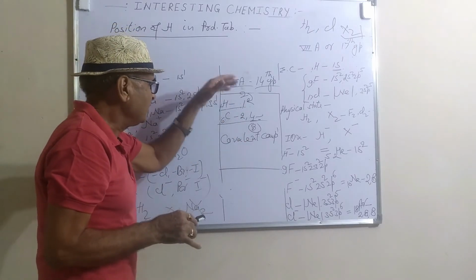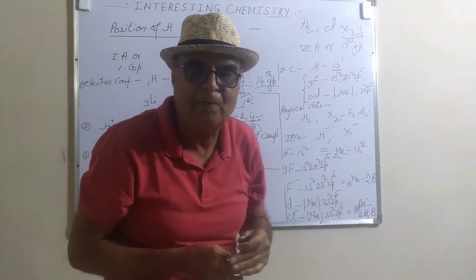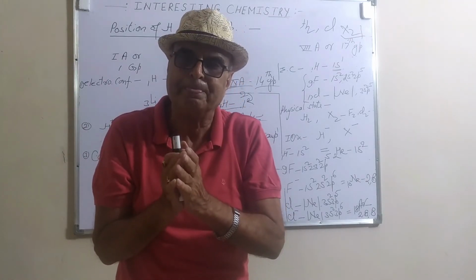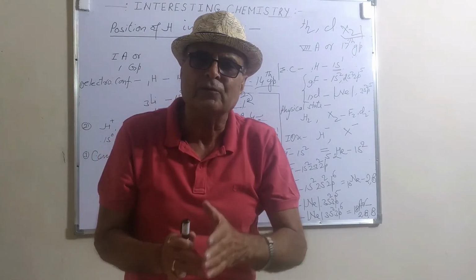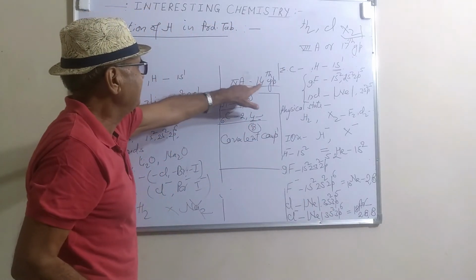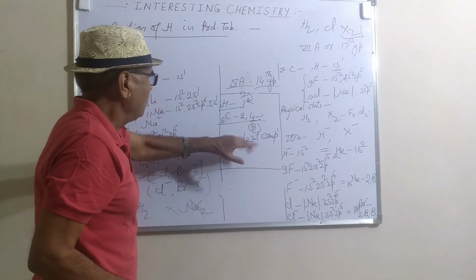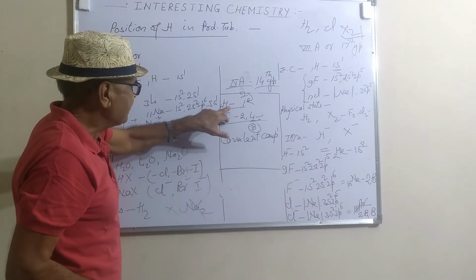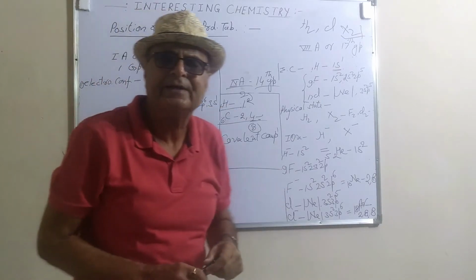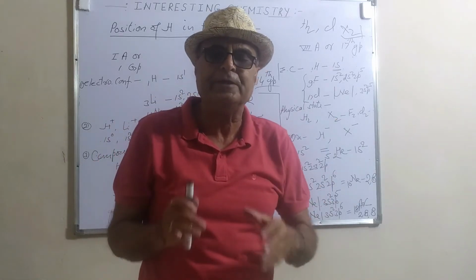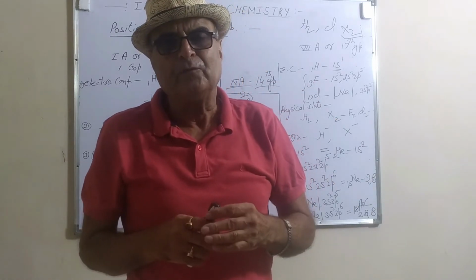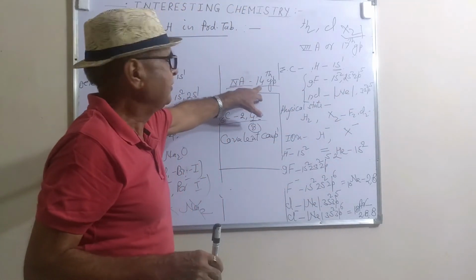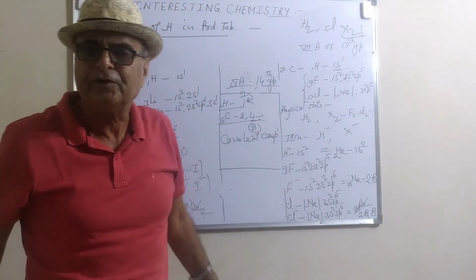So hydrogen can also be positioned with the 4th group, the 14th group. Carbon forms covalent compounds and hydrogen forms covalent compounds, so it can be positioned with the 4th A or the 14th group of the long periodic table.